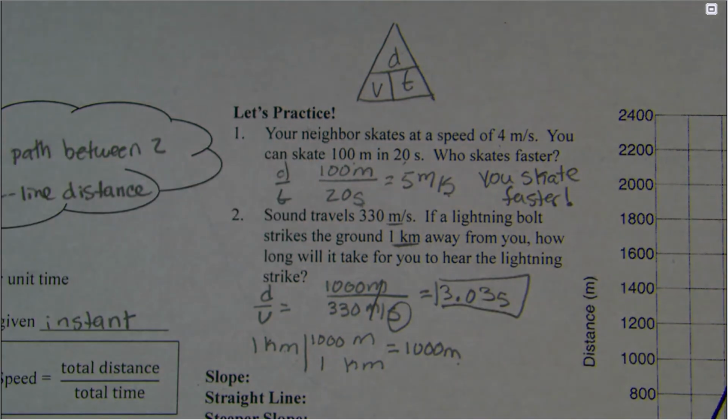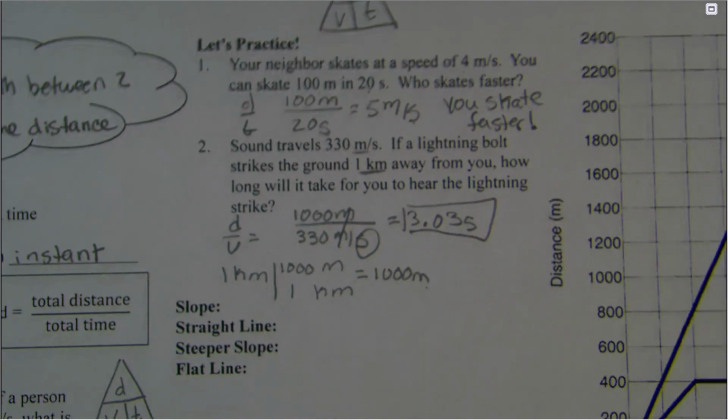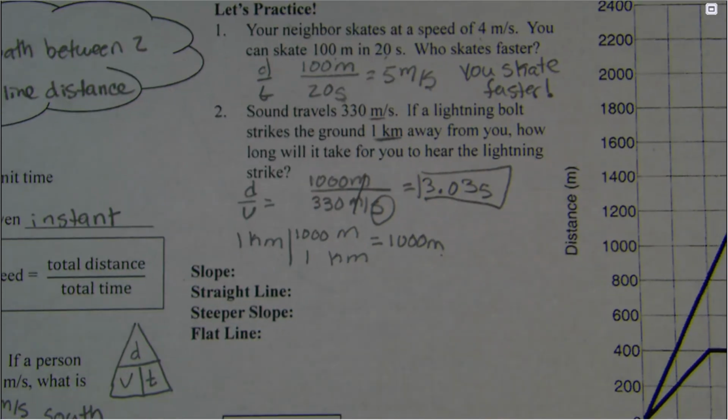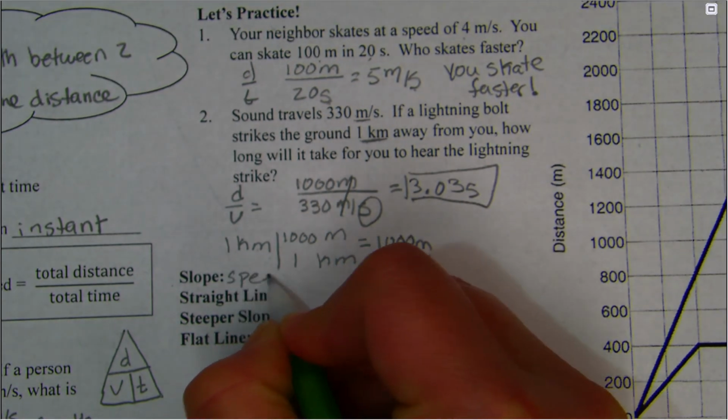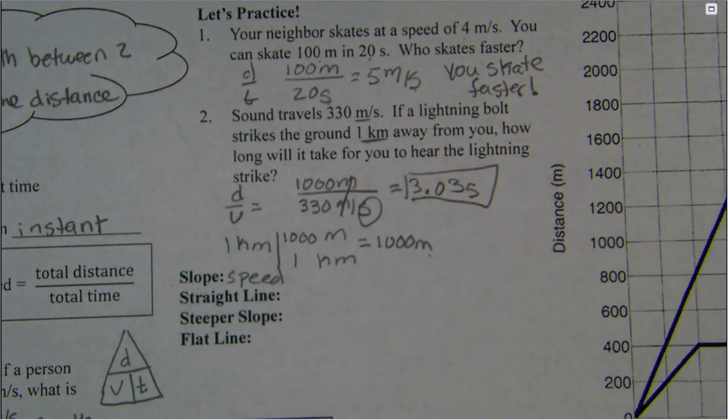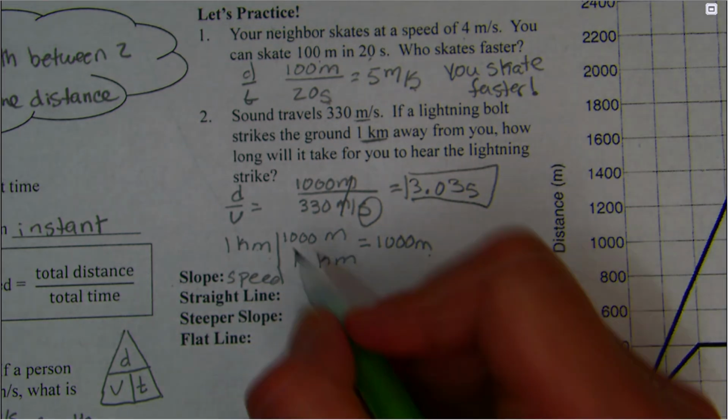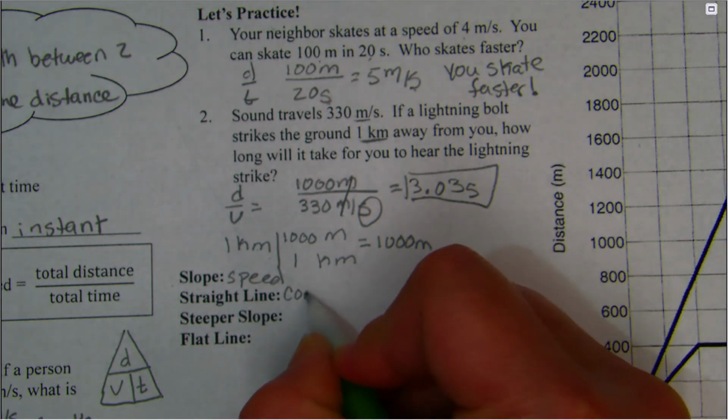So let's take this concept of velocity and let's apply it to a graph. All right? If we were to look at velocity in terms of a graph, the slope of the graph is going to be the speed of the object. If the graph is a straight line, it means it is a constant speed.